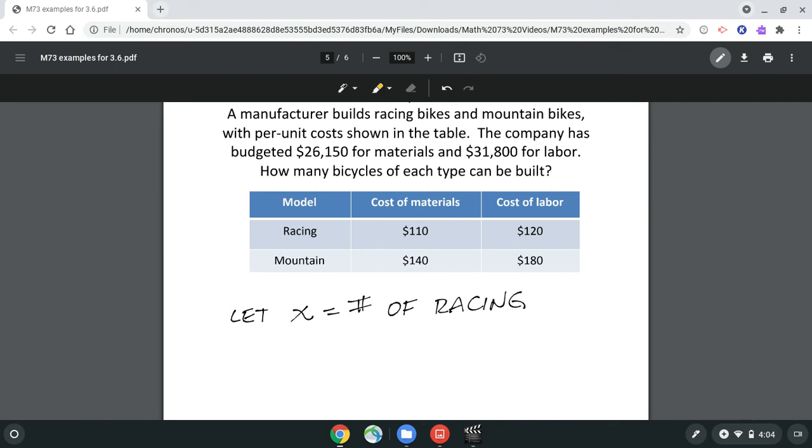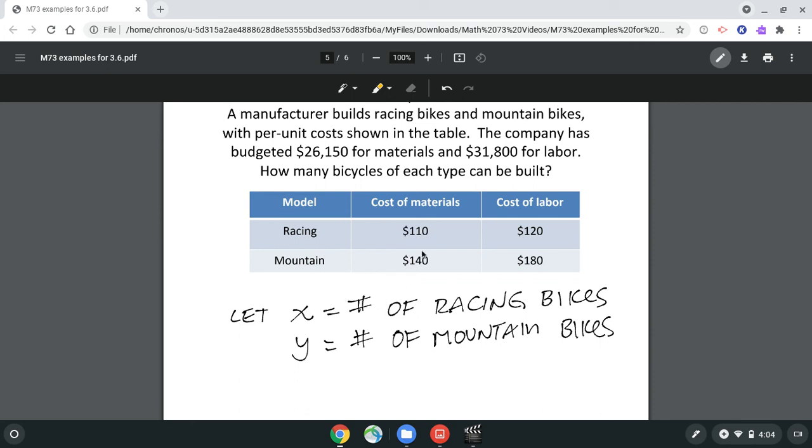Sorry. So X equals number of racing bikes. Y equals number of mountain bikes. Okay, so we have that defined. Okay, so now the cost of materials, it's $110 for each racing bike.